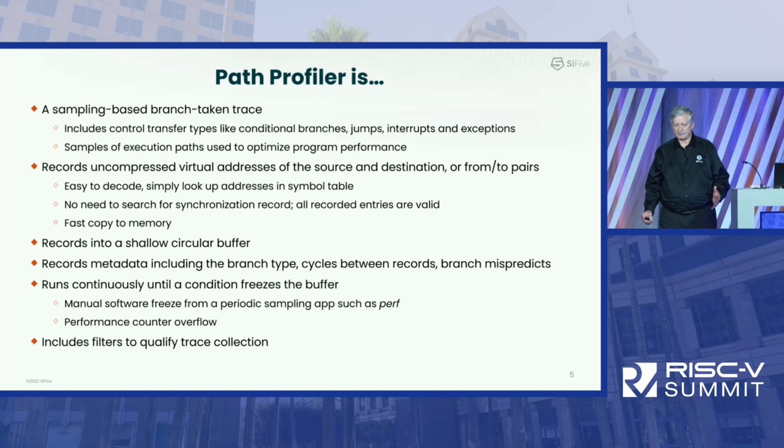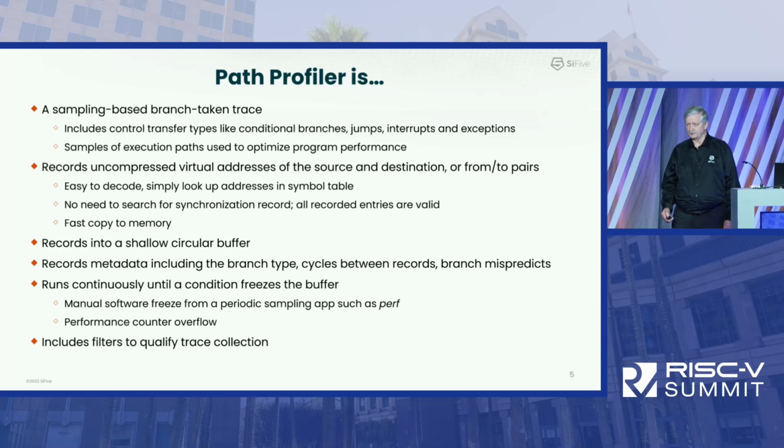For example, it might be counting 10,000 cache misses, and when that occurs, it'll interrupt and you'll have the 32 branches that led up to that point. Programs like Linux perf support this kind of capability to sample branches and record those.